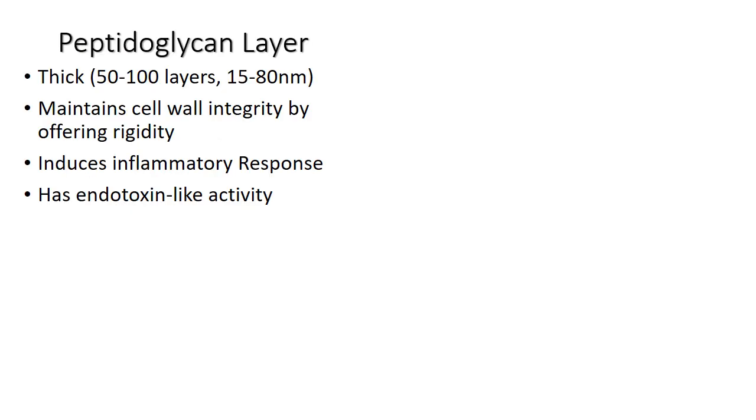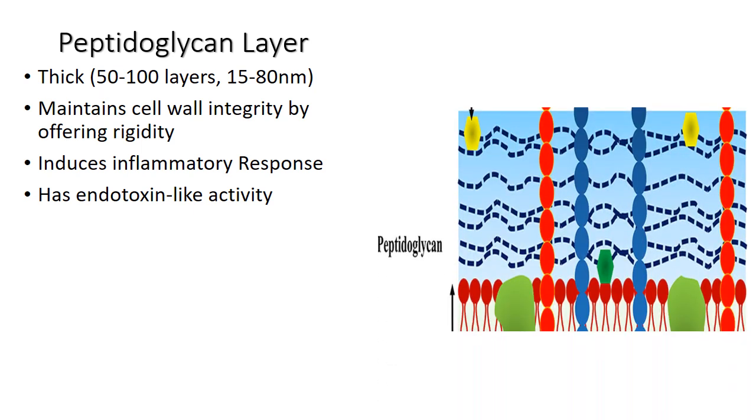Now let's talk about the peptidoglycan layer. This guy here is thick. It has about 50 to 100 layers. These layers you're seeing right there are the layers we're talking about, and the thickness is about 15 to 80 nanometers.